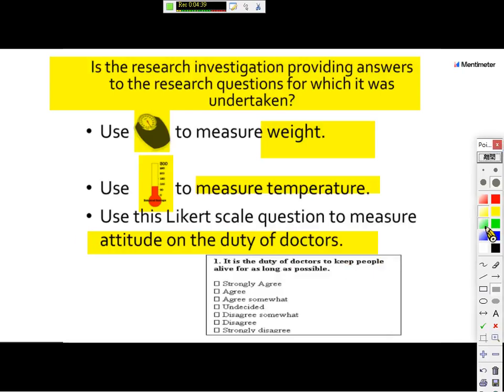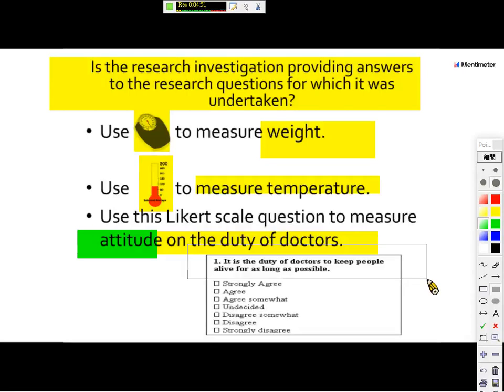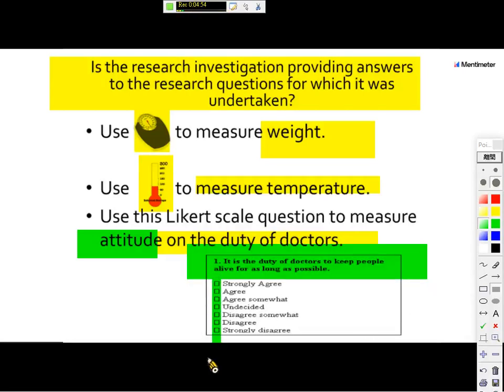Remember, attitude is key here. You are being asked, is it the duty of doctors to keep people alive for as long as possible? Then you can make your choice, so you reflect your attitude. So this is a valid instrument, because it aims to collect data about your attitude on doctors' duty. That's good. Okay, valid.